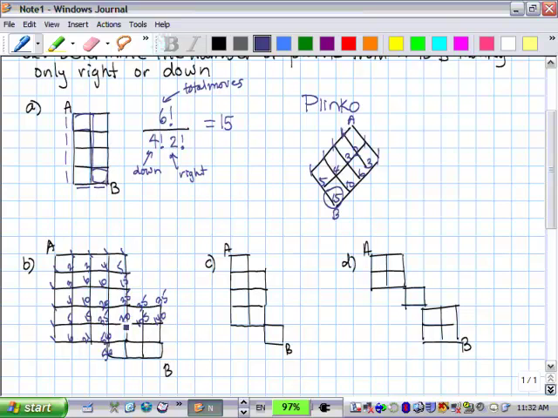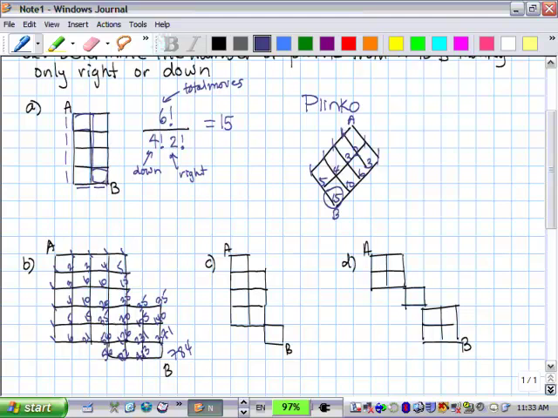140, 126-ish, 182-ish. Oh, geez. 231-ish. 371. 2, 3, 4, 413. 784.